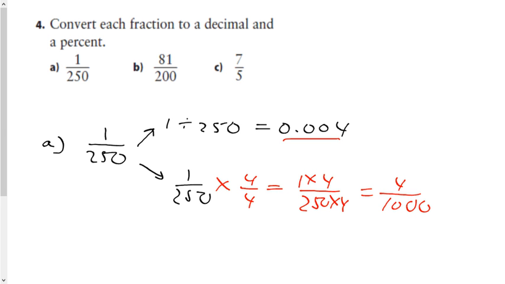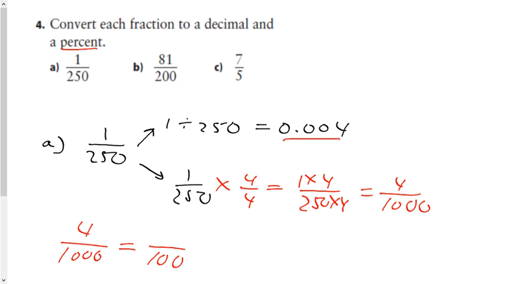Once we get to a percentage, we're going to take our fraction of 4/1000, and if we're going to convert it to a percent, what kind of fraction, Chloe, what's the denominator of a fraction that's a percent? What is always the denominator of a fraction that's a percent? 100. So if we can convert that to an equivalent fraction, where the denominator is 100, then we will know the percent, because the numerator will be the percentage.